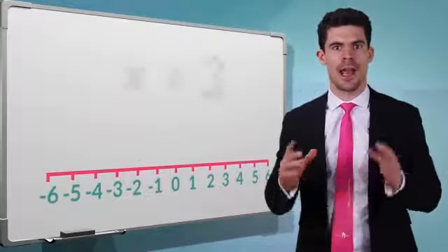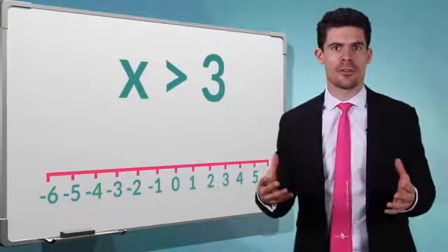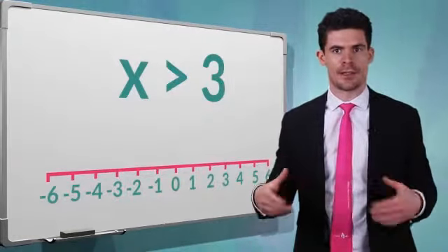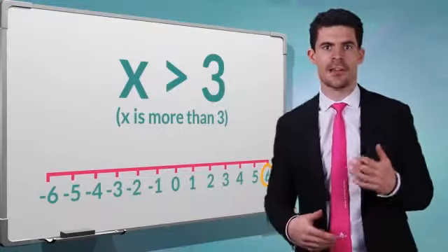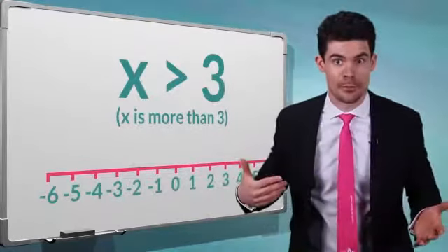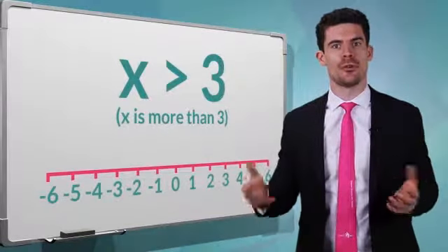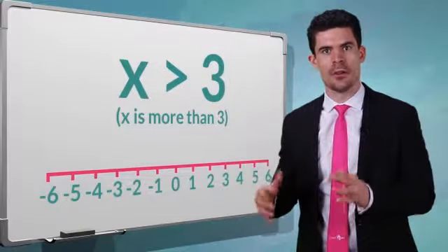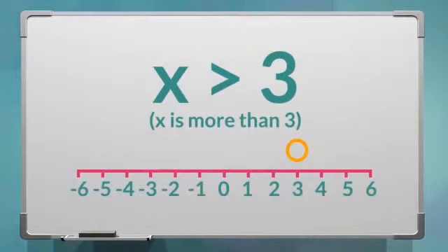For example, x is more than 3. If we think about what this stands for in words, it will read x is more than 3. So, x could be 4 or 5 or 6 and so on, all the way up to a billion squillion. We can represent this in the following way using circles and lines. First, we draw a circle above the 3 on the number line. At this point, we could choose to leave the circle as just an outline or fill it in.